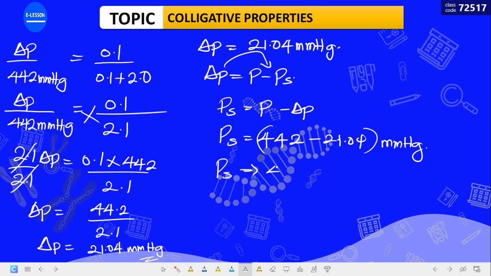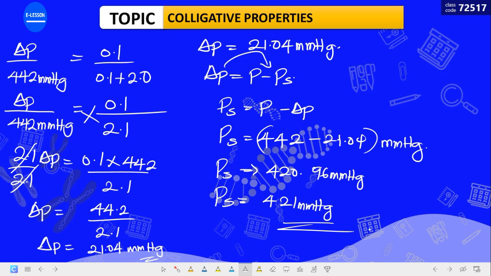This will give us 420.96 millimeter of mercury. Approximating to the nearest whole number, it becomes 421 millimeter of mercury. And that is the solution to that question.